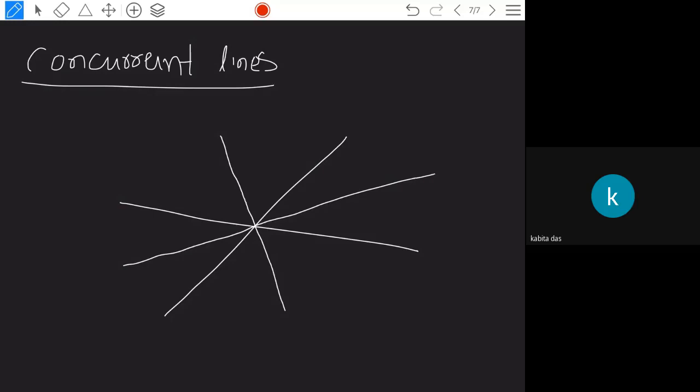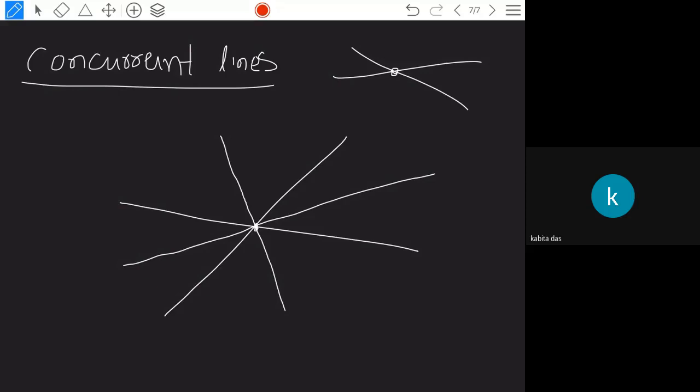If 2 lines are passing through one point, they are called intersecting lines. If more than 2 lines are passing through the same point, then we call them concurrent lines.